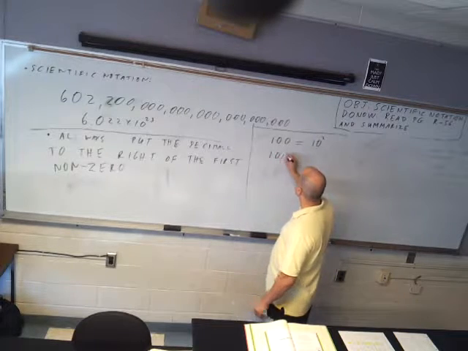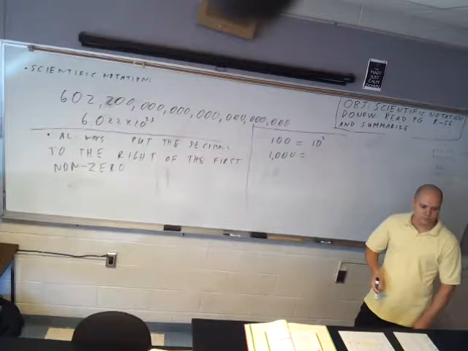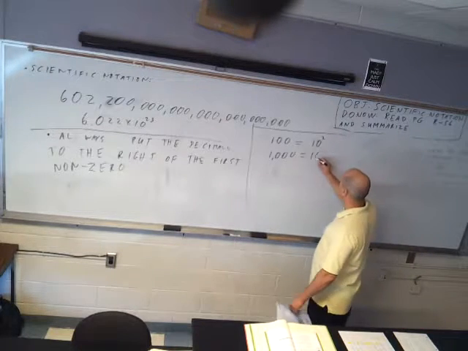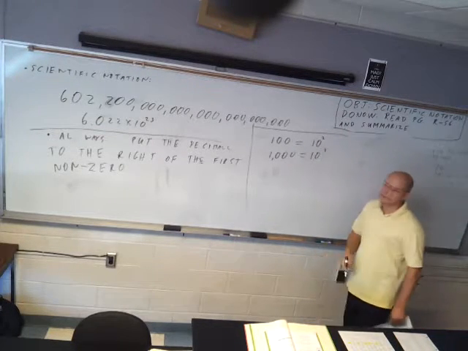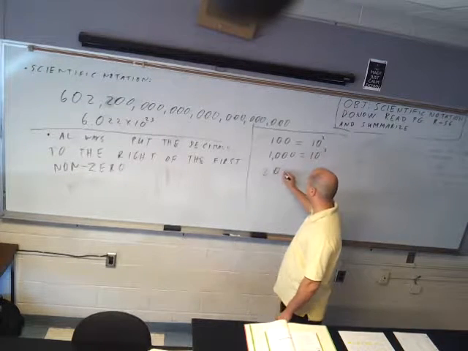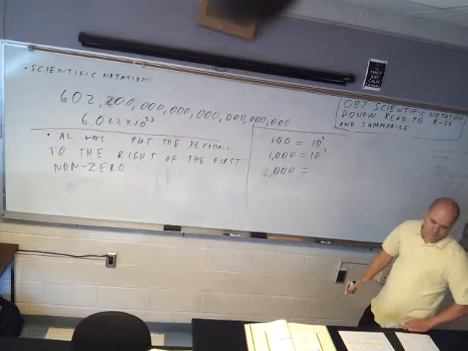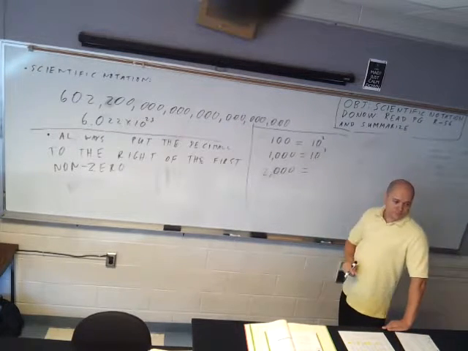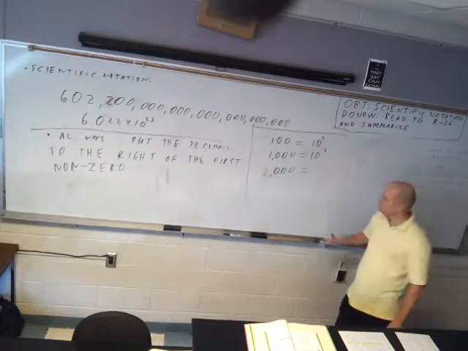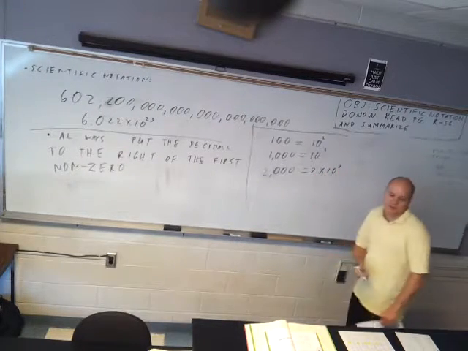And what about this number? 10 to the third power. Now if I had something that wasn't just a 1 with zeros after it, let's suppose I had 2,000, what would this be? 2 times 10 to the third. 10 to the third is 1,000, so 2 times 1,000 is 2,000.